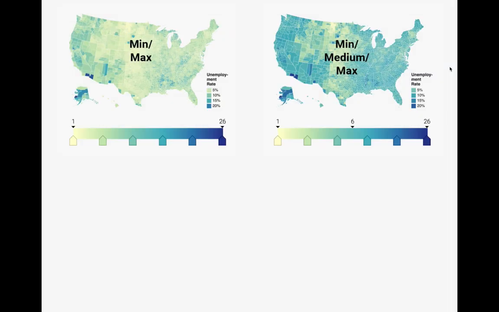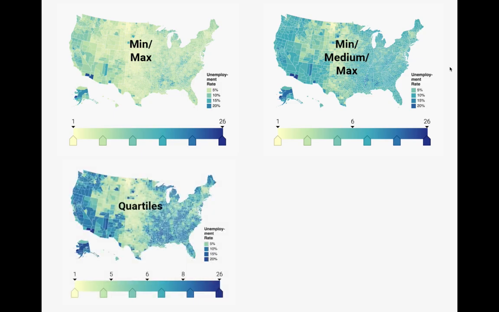So between this min and max approach, which is the linear color scaling, and a somewhat skewed one, you can of course push this further. So you can, for example, use quartiles, which divide your data set not into a lower end and a higher end, but into quartiles with 25% between each of the ranges.